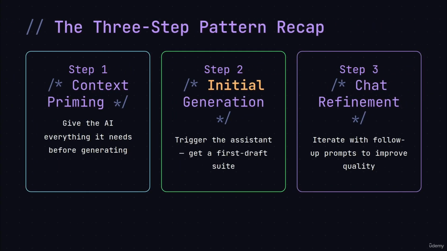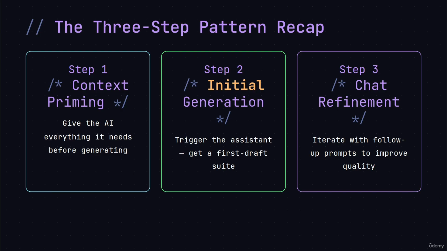Now let's do a quick recap on the three-step pattern. Step 1, context priming. This is when we give the AI everything it needs before generating anything. Now, this is typically when you add the files it should look at, specifically those files for which you want to create tests. And then step 2, I've previously called this inline generation, but you can also call it initial generation because this is really when you trigger the assistant to give you a first draft test suite.